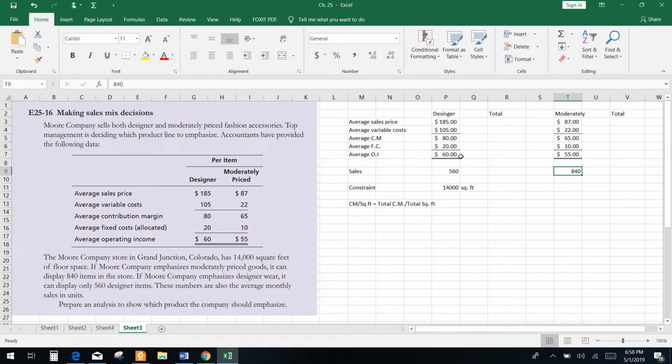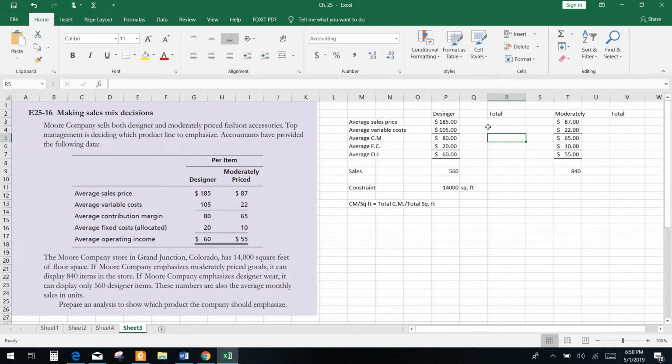Because these sales numbers are different, we can no longer compare average contribution margin from one to the other, because the average contribution margin doesn't mean anything if we're selling a whole bunch more of one than the other. We have to take the total contribution margin and then divide it by our constraint, and that will give us which one produces at a higher level based on the constraint.